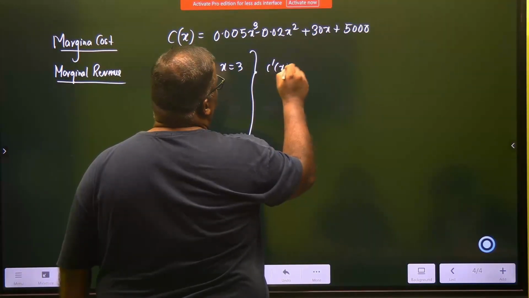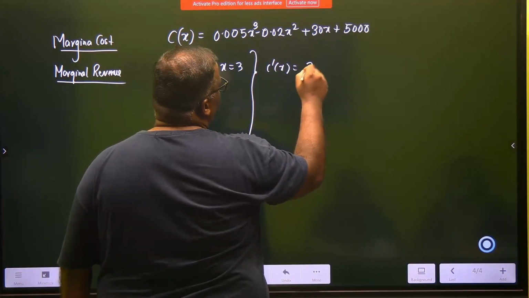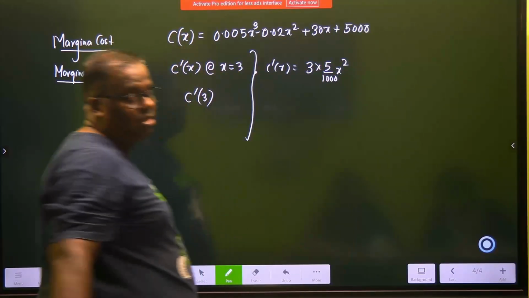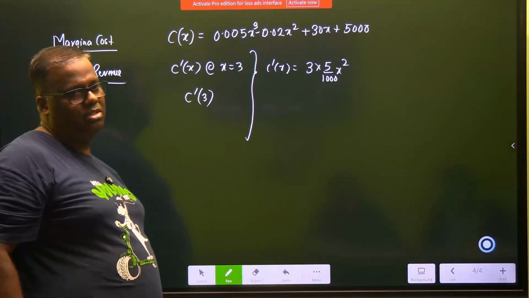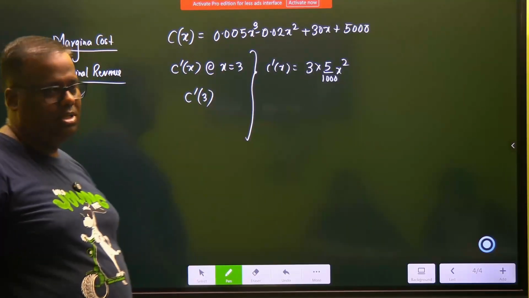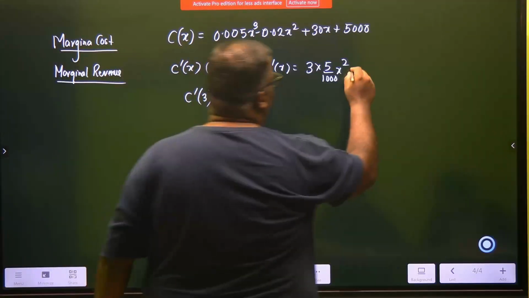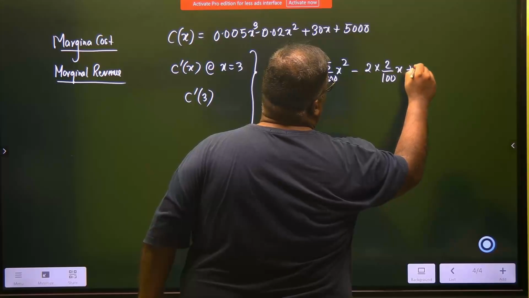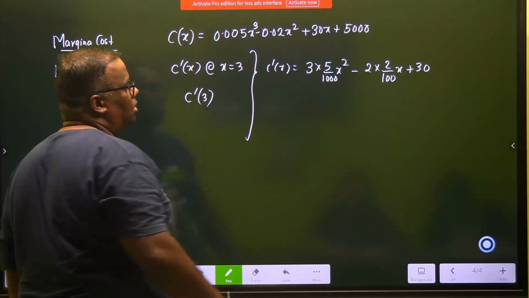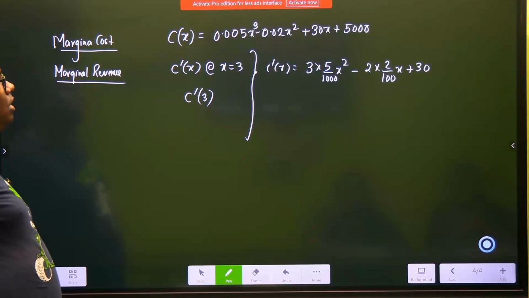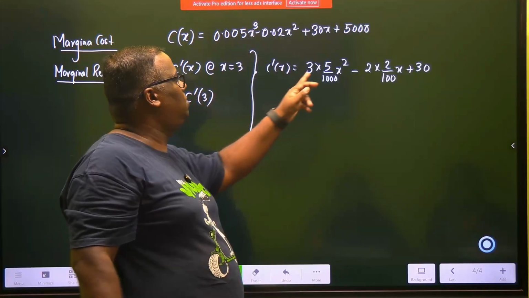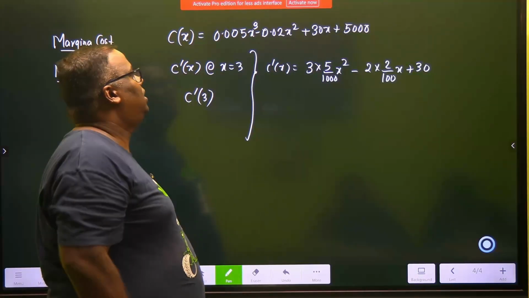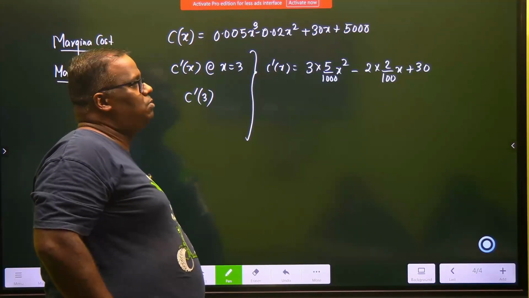Very easy problems. C dash X will be 3 into 5 by 1000 x square. Don't use decimal points, use them like this: 3 into 5 by 1000. Okay? Minus 2 into 2 by 100 x plus 30. X cube differentiation will become 3x square, and 0.02x square will become 2x, plus 30.